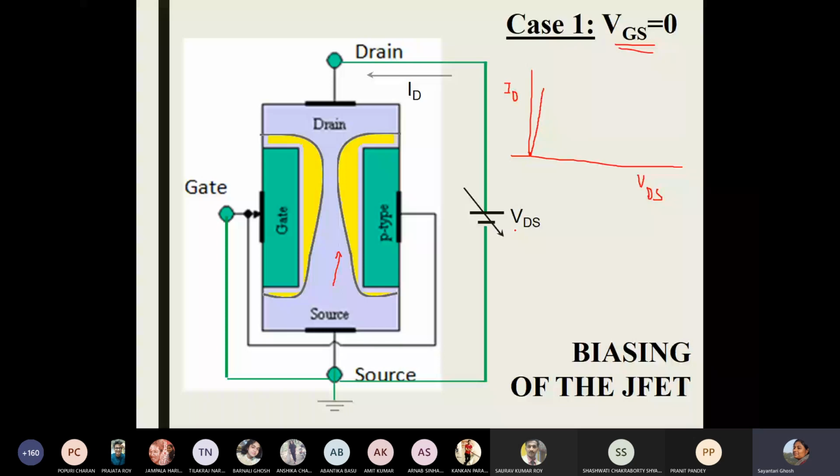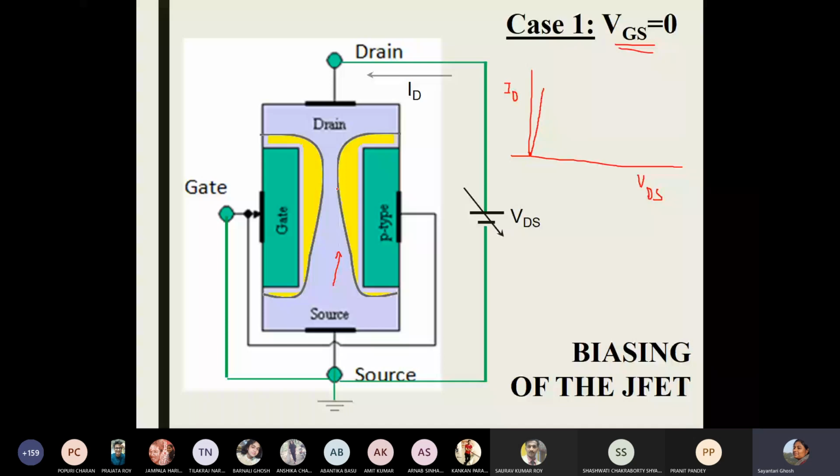But parallelly, something else is also happening. As you increase VDS, this voltage drop that we are talking about is also changing consistently, right? That means the width of the depletion region, though very small near the source terminal, is becoming quite large near the drain terminal. Near the drain terminal, the PN junctions are getting biased to higher and higher values of VDS. So at a certain point, what will happen?